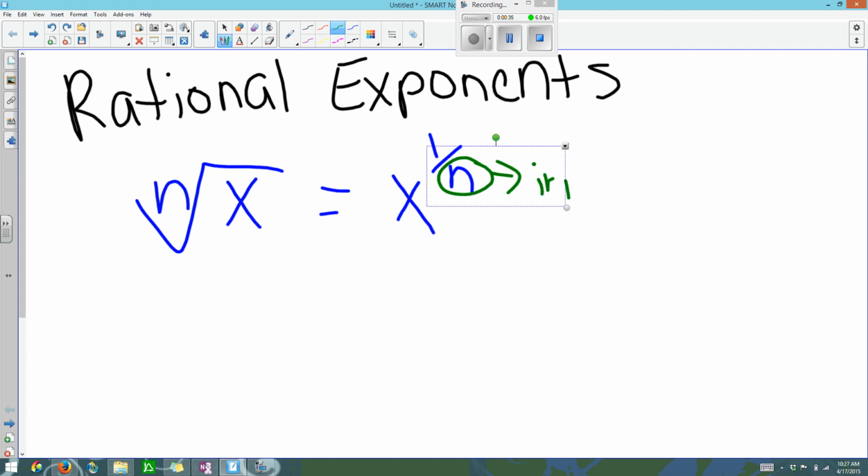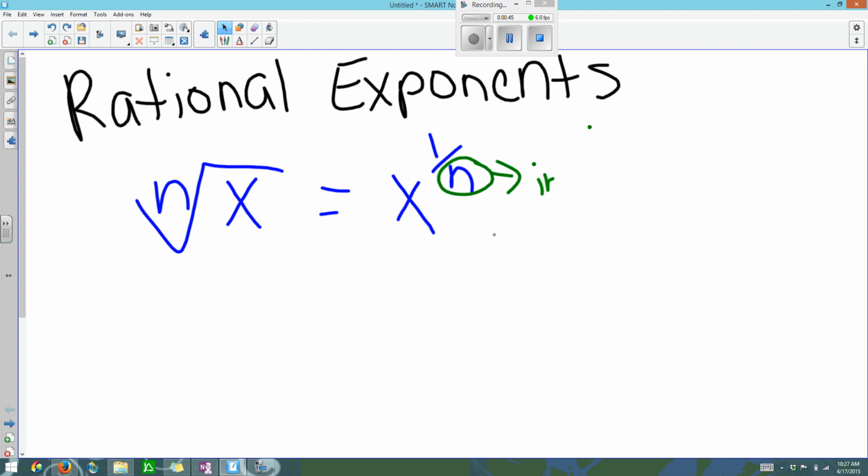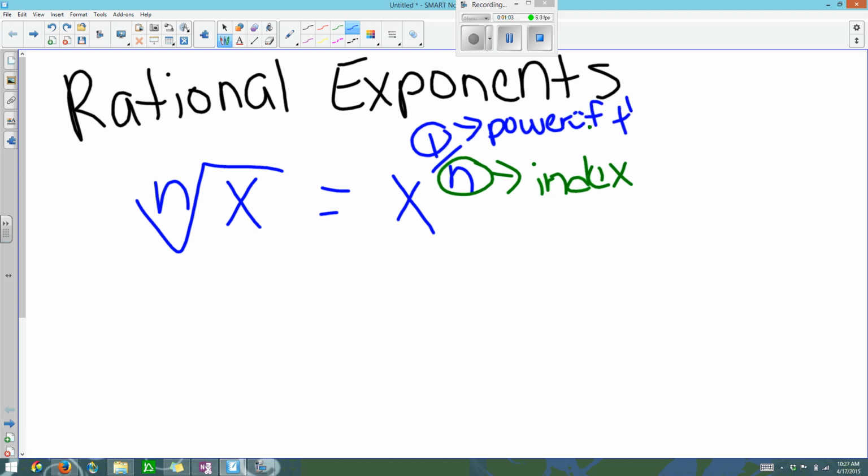is the index of the radical expression. Notice how n is the index, and then the 1 is the power of the radicand.